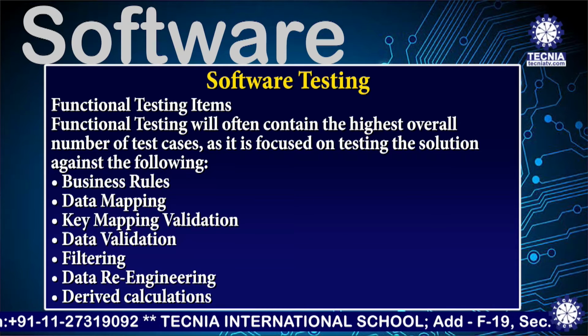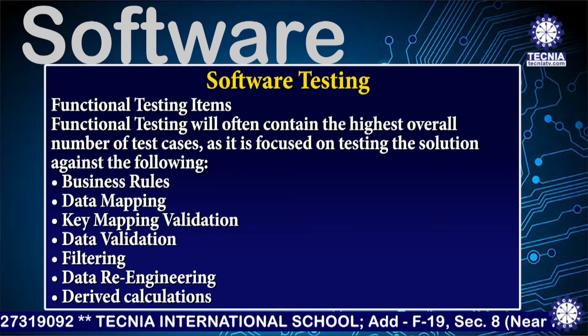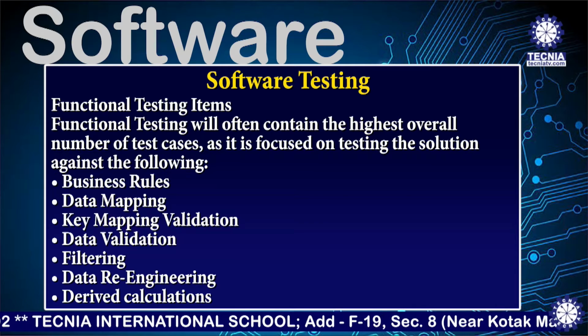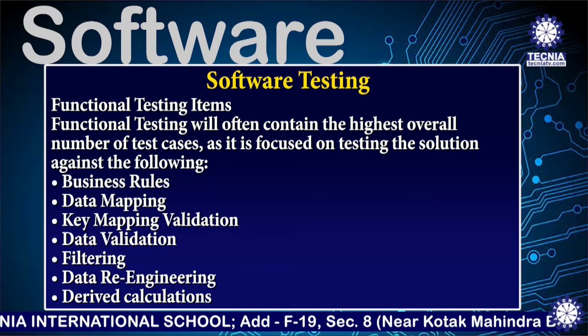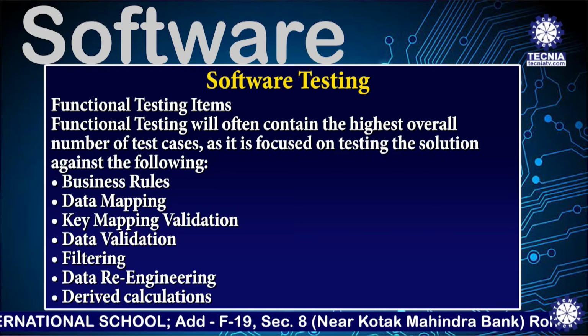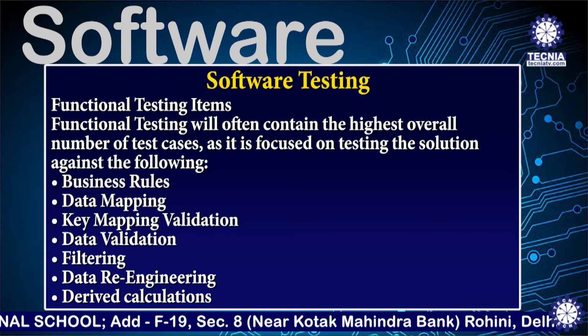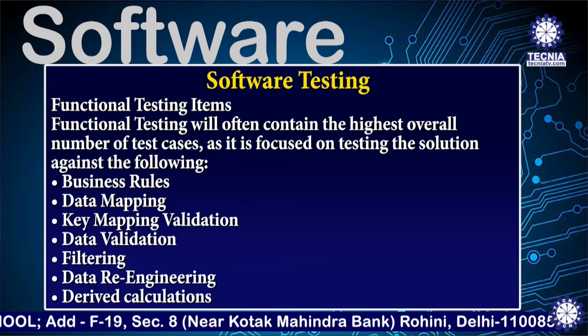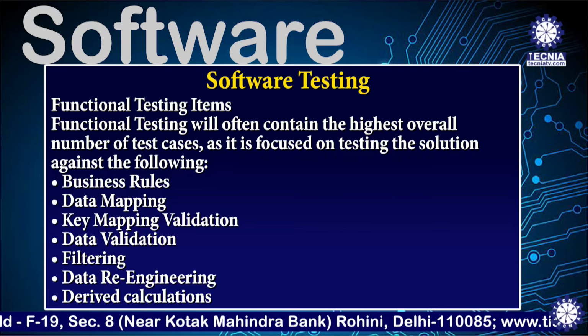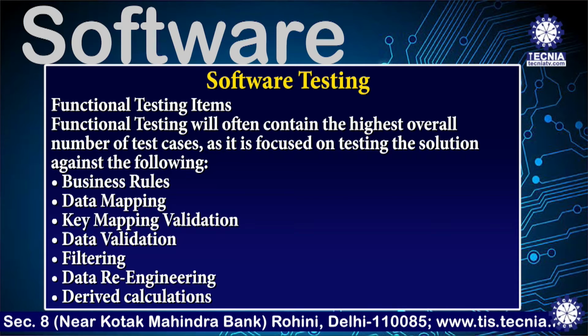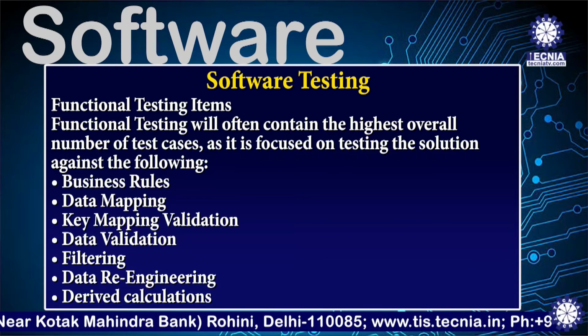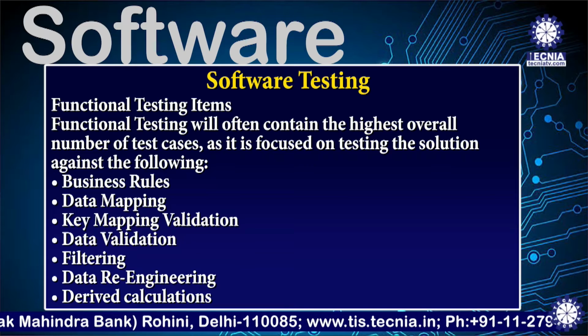Functional testing is basically a type of testing in which we check that the system and its components are working and doing the same functions for which they were designed and developed.